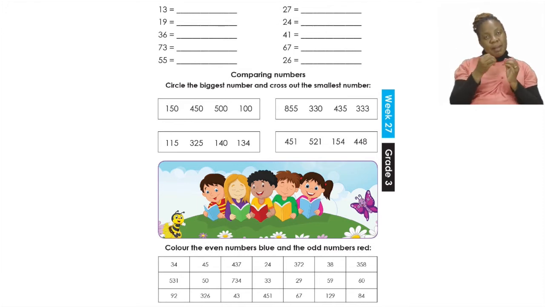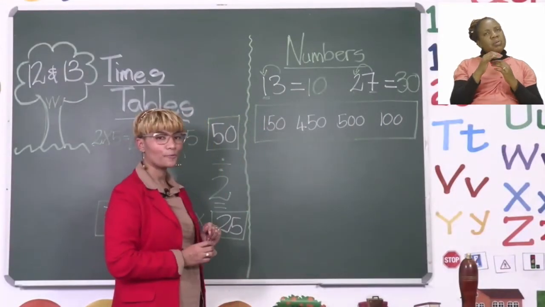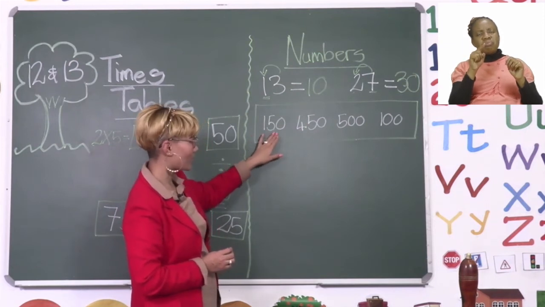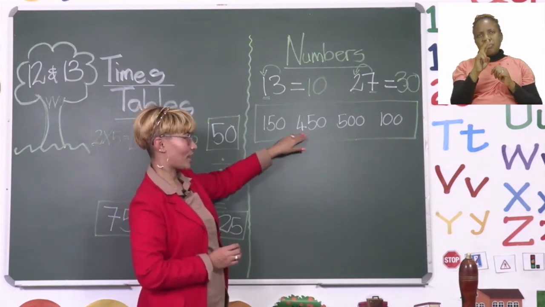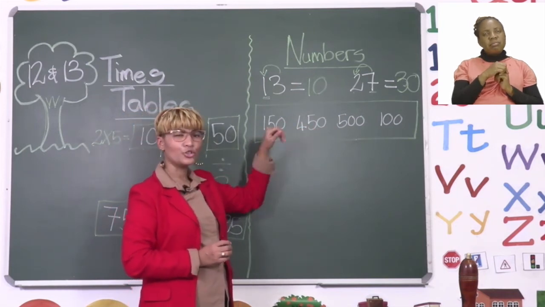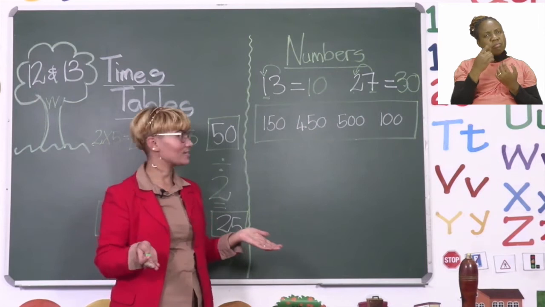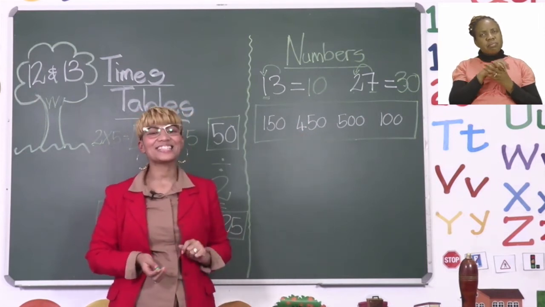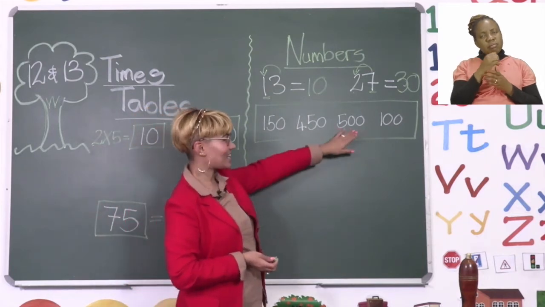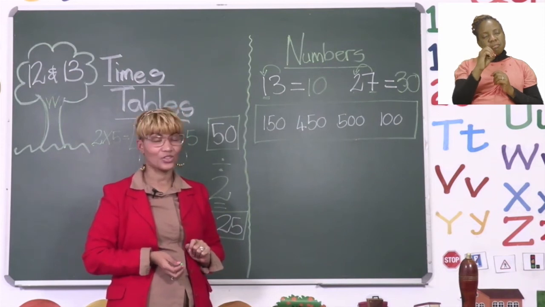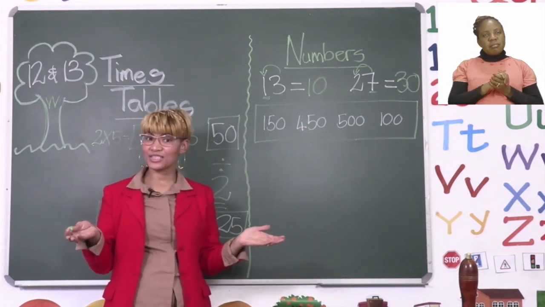Let's find the biggest number in this block. It's not 150. 450 is more than 150. Do we have any other number that is more than 450? Yes, indeed we do, and that is the number 500. Right, so we found the biggest number.